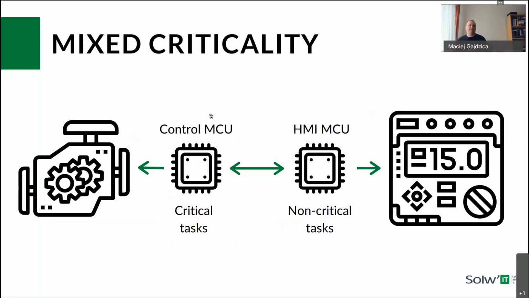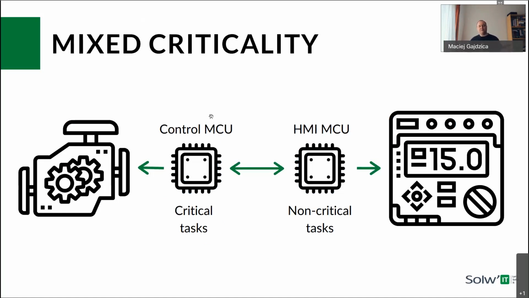And here you have another example. We have one processor that is doing a critical task, that is controlling the engine. And we have also a second processor that is responsible for handling communication with the user.